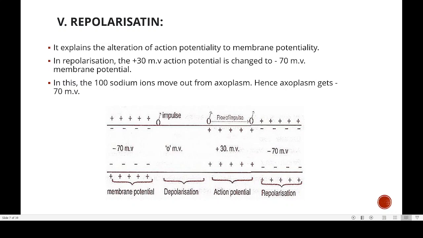So this is an important question also. Most of the time you can expect a question based on give an account of the impulse transmission or membrane transmission of impulse. They can come in different ways, or they will ask you what you mean by resting potential, or they will ask you what is action potential.